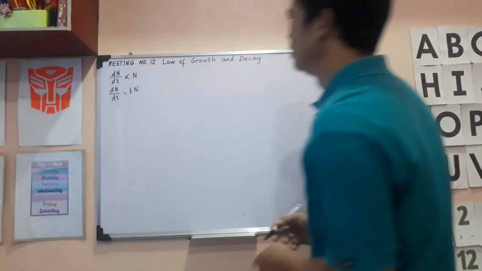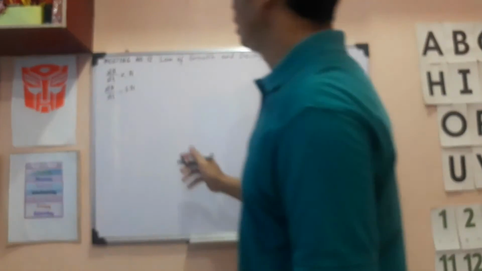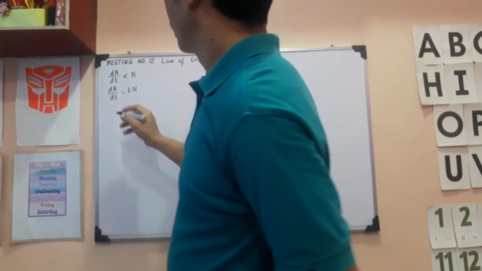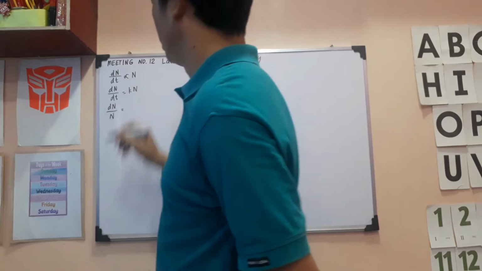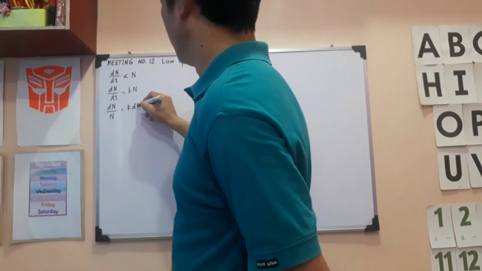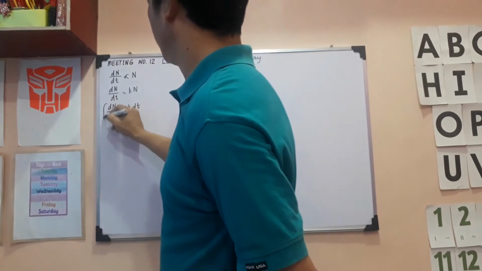So let's derive. If I cross multiply this, dN over N, variable separable, is equal to K dt. And then I will integrate both sides.